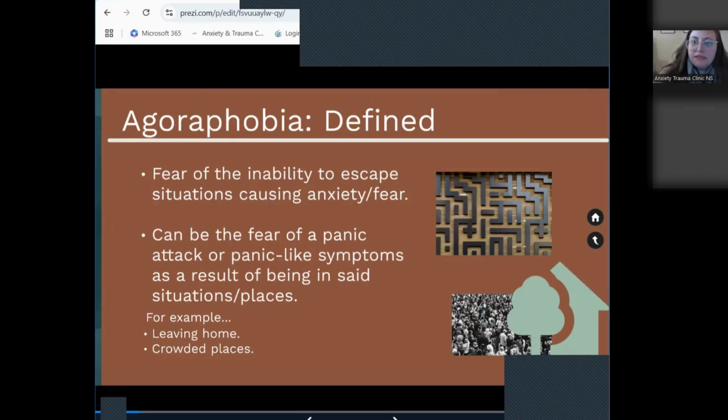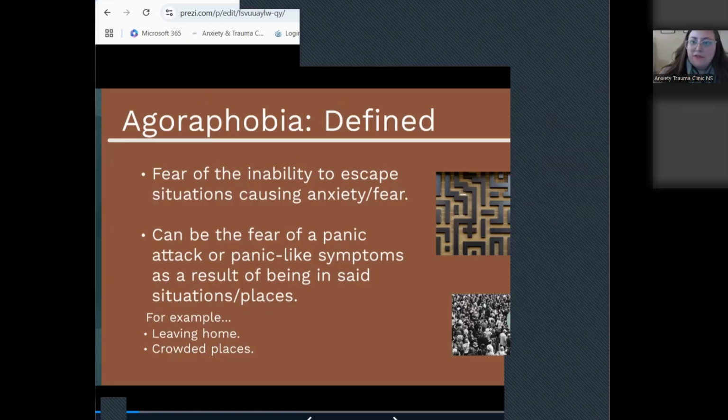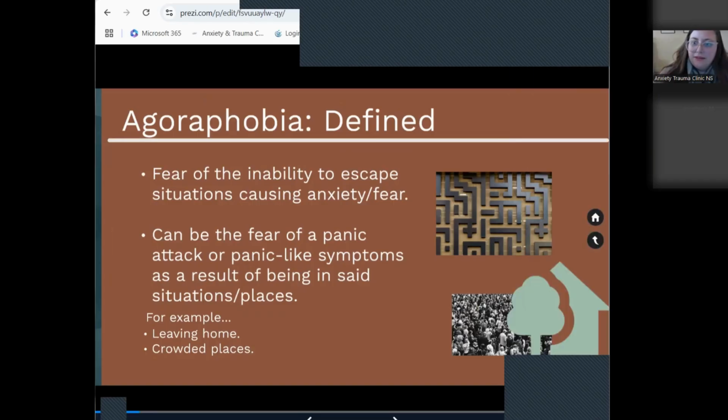So agoraphobia differs in the way that the fear itself can be a lot more connected to not being able to escape in the time that somebody is having a panic attack, or at the time when they're experiencing panic-like symptoms, if not a full attack. So they can appear, as I said before, at any time.